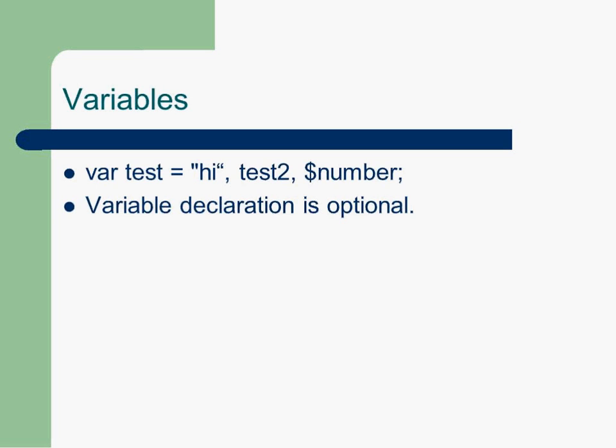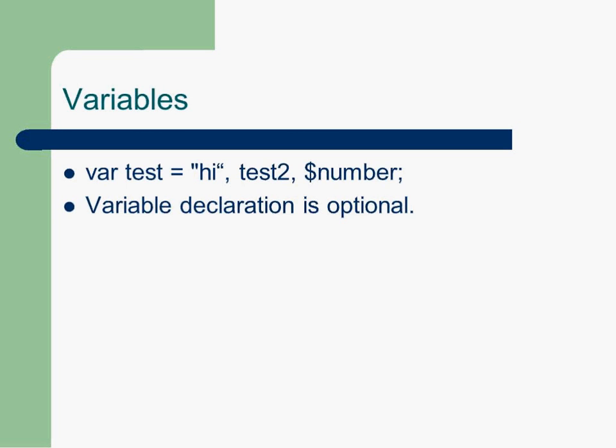Variables. In JavaScript, the first thing is that there is not much concept of defining a data type for a variable. It's just a variable, and the data type is decided based on whatever you store inside it; Python and JavaScript are quite similar that way.